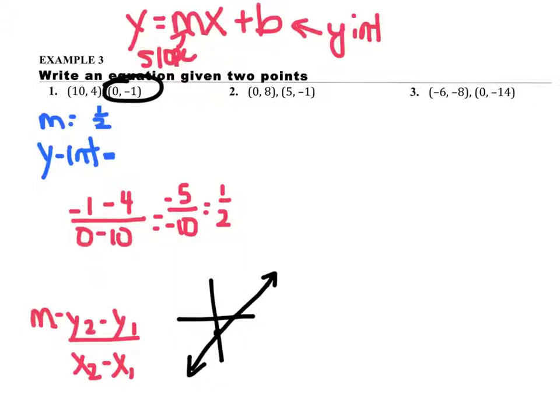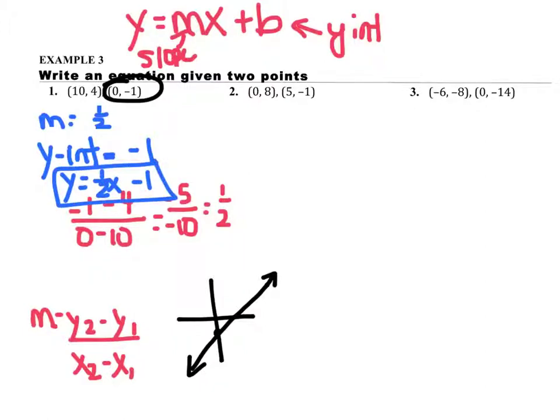Remember, when x is 0, the number that goes with it is going to be your y-intercept, because x is 0 and I'm going to be on the y-axis at negative 1. So my y-intercept is going to be negative 1. So my equation for this line is y is equal to 1/2 x minus 1.